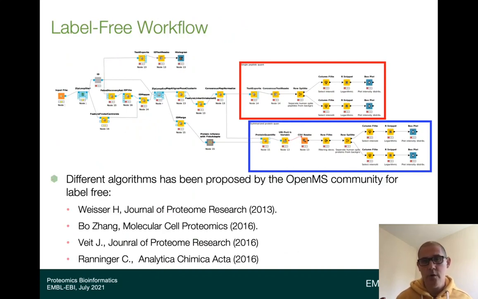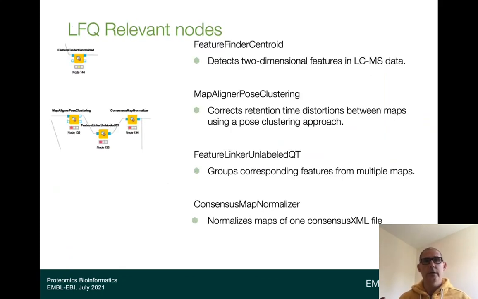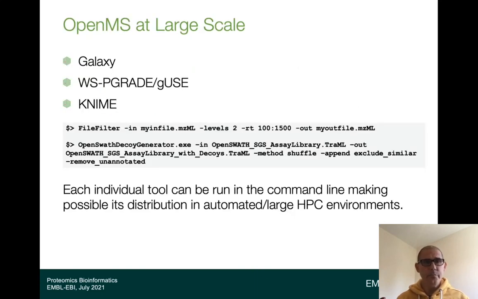There are other more complex workflows, like a label-free workflow, and they become bigger and bigger. I will not go into details on that, but there are multiple publications around different label-free workflows based on OpenMS, and the difference between them is basically how you combine or add your own algorithms into them.